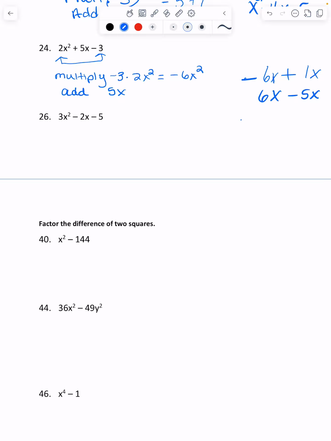So we did all that work to come up with these two numbers. And what we're going to do is take our original problem and rewrite it. And that should be a 1.